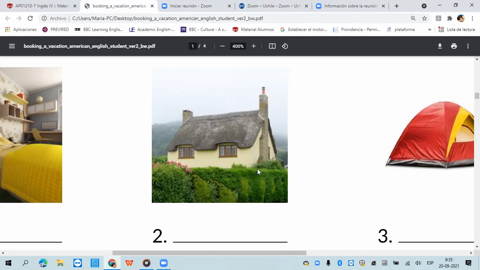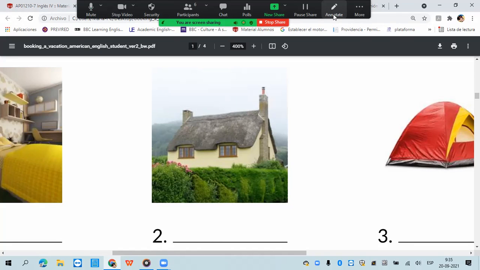Anybody? A place in the fields, maybe. Yeah, and in the countryside. Yeah, it could be. You can rent it to stay in it. Yeah.